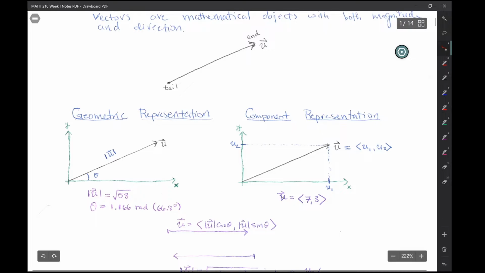With the component representation, rather than giving the length and angle, you give the length along a certain axis. Here's the x-axis, and the length along the x-axis is u1, and the length along the y-axis is u2. And these numbers could also be negative.